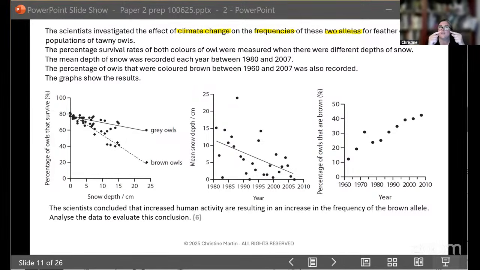So in this question they're asking about climate change and the frequency of these alleles, linking it to patterns of inheritance and how environmental selective pressure is going to have an effect on the organisms that are present and therefore on the frequency. Is it directional natural selection? Is it disruptive natural selection? Or is it stabilizing natural selection? So it's really important that you have gone over natural selection and know the different patterns, and how they could interlink it to an example, which in this case is about owls.